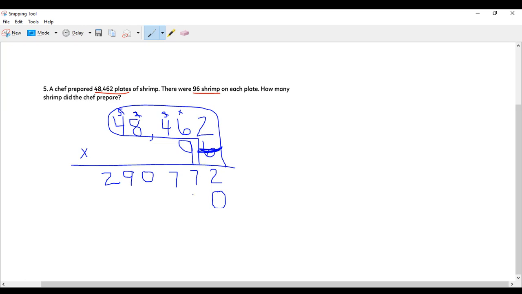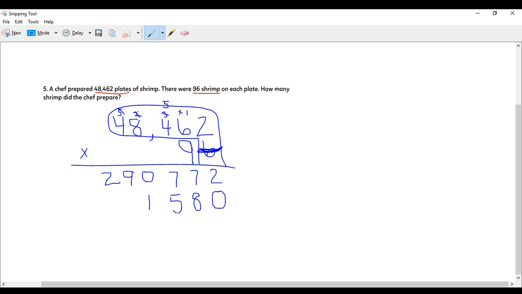So 9 times 2 is 18. I'm going to put my 8 down, carry my 1. 9 times 6 is 54, plus 1 is 55. So I'm going to put my 5 down, carry my 5. 9 times 4 is 36, plus 5 is 41.